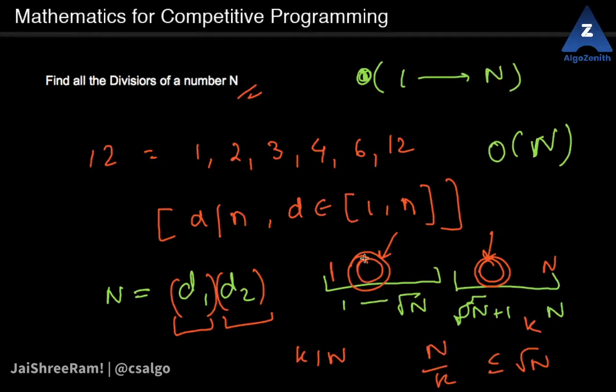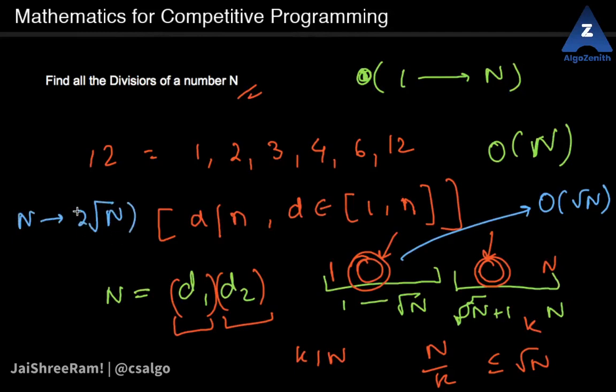So this particular number will lie in this range. So there is a one-to-one correspondence between factors in these ranges, and from 1 to root n there are only root n distinct numbers, right? So a number n can have at most 2 into root n distinct divisors.